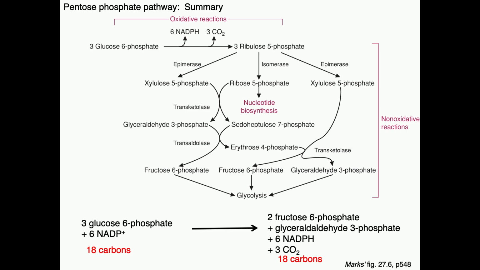You could make a balanced reaction: if you have 3 molecules of glucose 6-phosphate, you get 3 molecules of carbon dioxide and the different glycolytic intermediates, and all the carbons add up. In reality, you're probably going to be diverting some of the carbon away from this, so is a balanced reaction that useful? Probably not, but it can be done if you want to. Are there questions on the pentose phosphate pathway, regenerative phase?